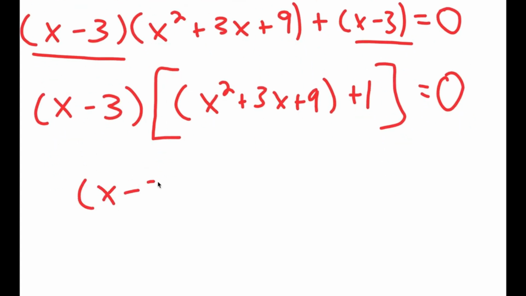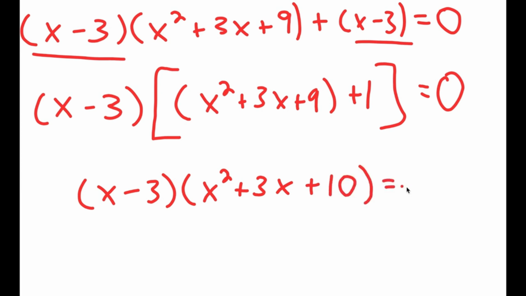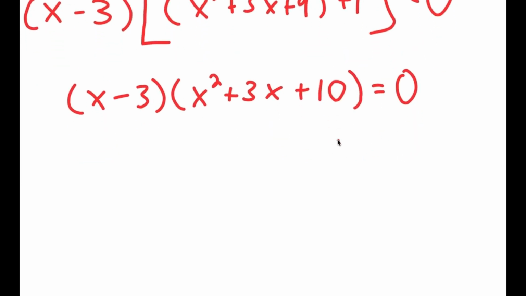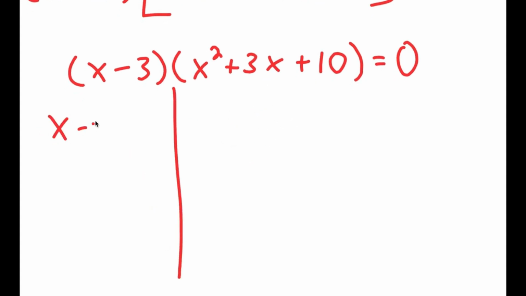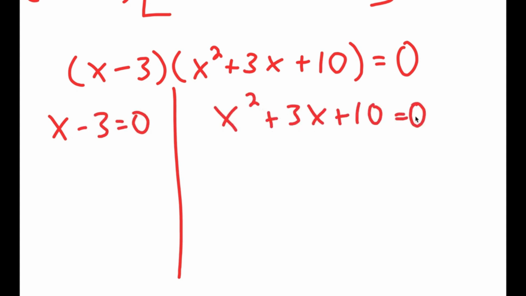And this is equal to x minus 3 times x squared plus 3x plus 10 is equal to 0. And now I have two equations from this. I get x minus 3 is equal to 0 and x squared plus 3x plus 10 is equal to 0.